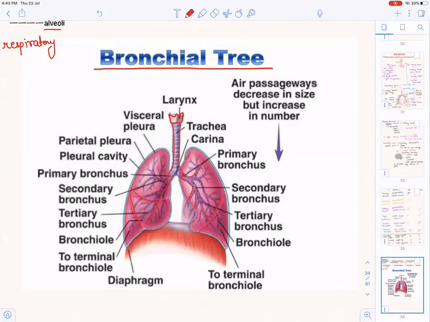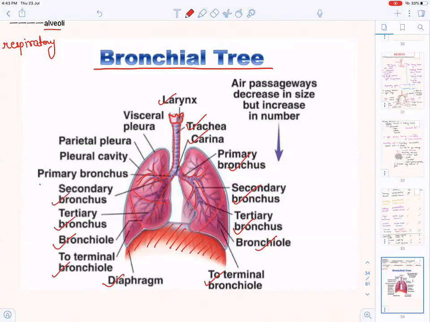See how it's a tree-like structure, and that's why it is known as a bronchial tree. Can you see how fine it is becoming? And this that they are showing, a muscular sheet of layer, that is the diaphragm. So we know larynx, trachea, carina, primary bronchus, secondary bronchus, tertiary bronchus, bronchiole, terminal bronchiole, diaphragm.